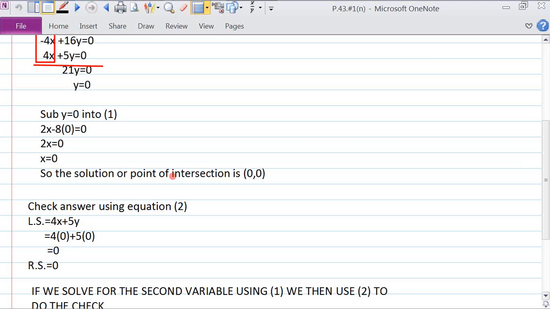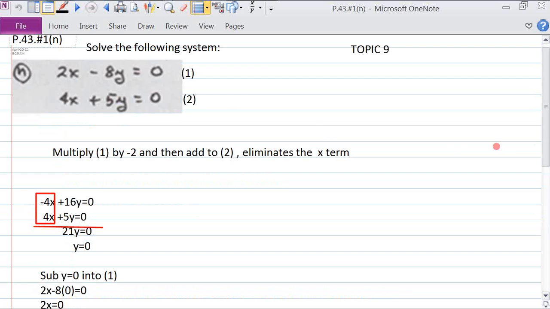So the solution or point of intersection is 0, 0, because the x value is 0 and the y value is 0. Now, I'm going to check the answer using equation 2. Since I used 1 up here, it's good to use the other equation here. So the left side of this equation is 4x plus 5y. We go back into the original equation, 4x plus 5y equals 0.